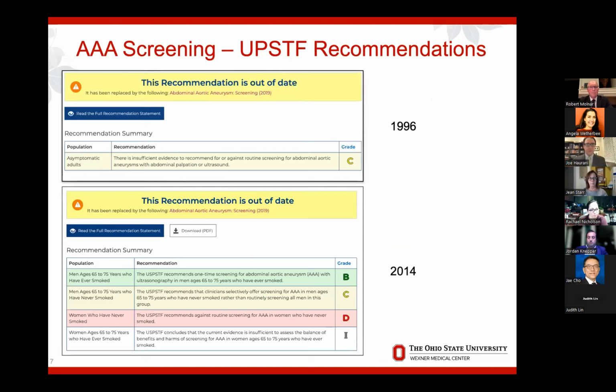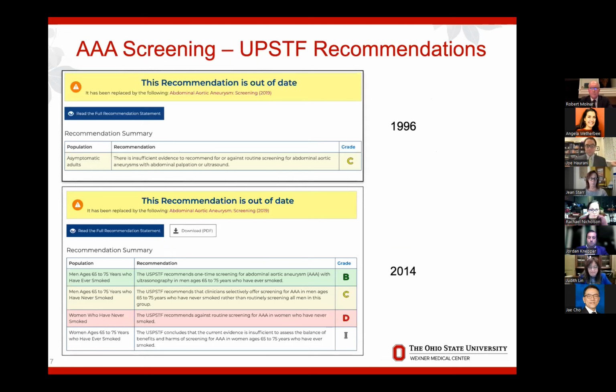Okay, so what happened to the USPSTF recommendations? If you look at pre-legislation, they basically said there was insufficient data and they didn't really recommend broad screening. They revamped that a little bit in 2014 to have a strong recommendation for men 65 to 75 who have ever smoked, a less strong recommendation for non-smoking men 65 to 75, based on other risk factors.